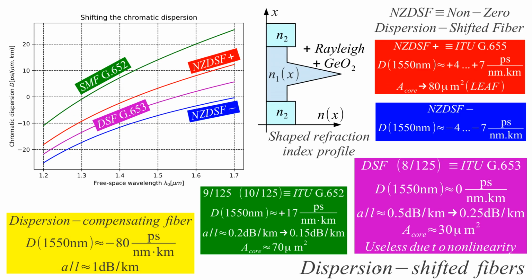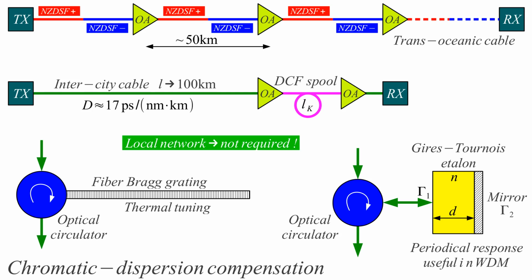In a local network, usually nothing is required. If we have just Ethernet equipment operating at 10 gigabits per second, it's not necessary to compensate for the chromatic dispersion of the fiber. There are other technologies also for chromatic dispersion compensation.